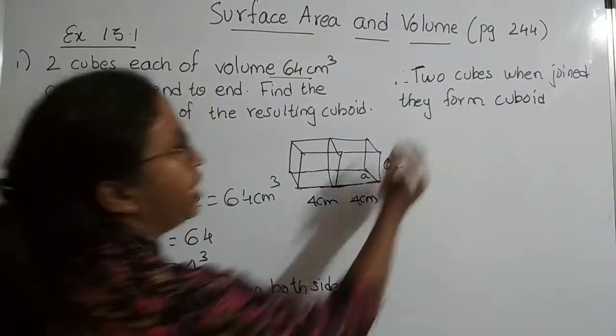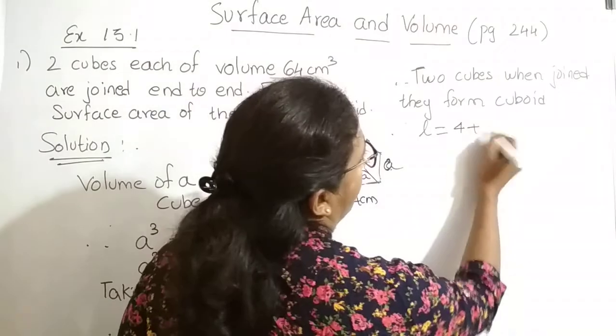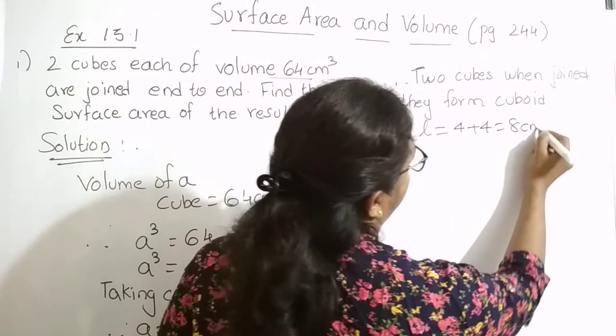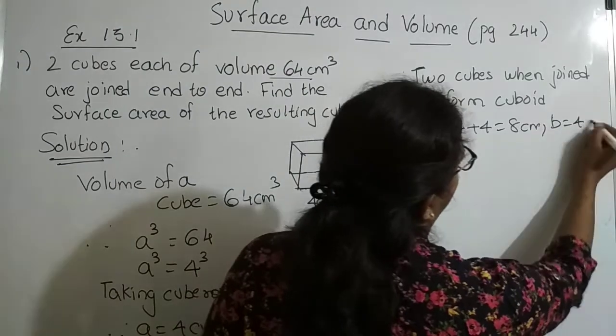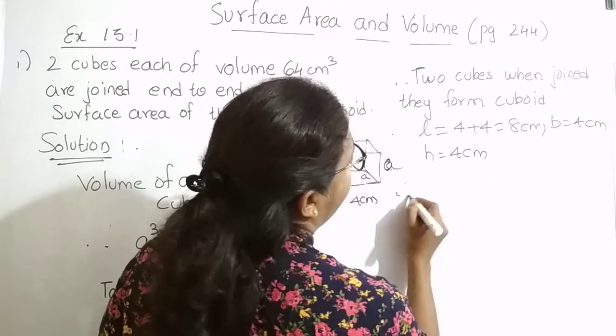Therefore, we can write that when two cubes are joined, they form a cuboid. Therefore, L is nothing but 4 plus 4, that is 8 centimeter. Breadth is nothing but no change, 4 centimeter. Height is 4. So can we find the TSA?